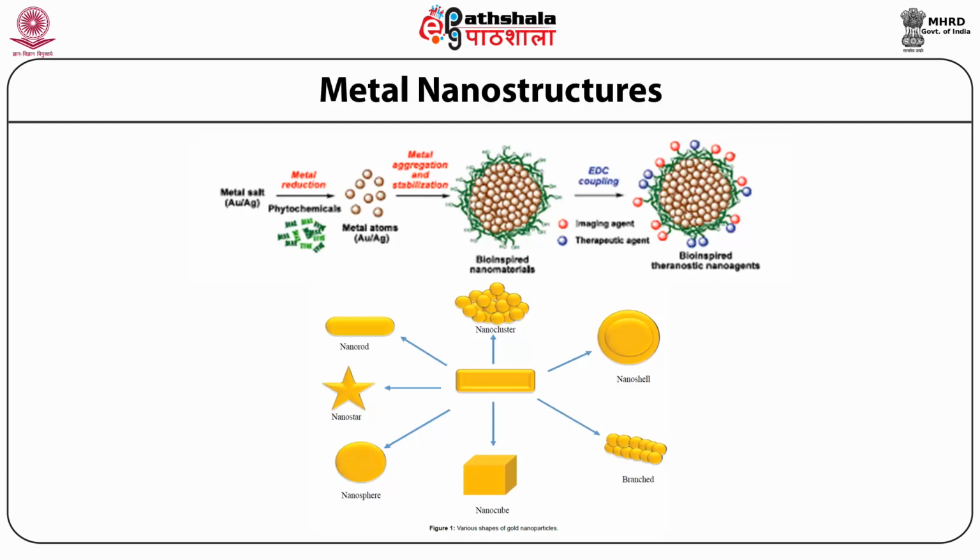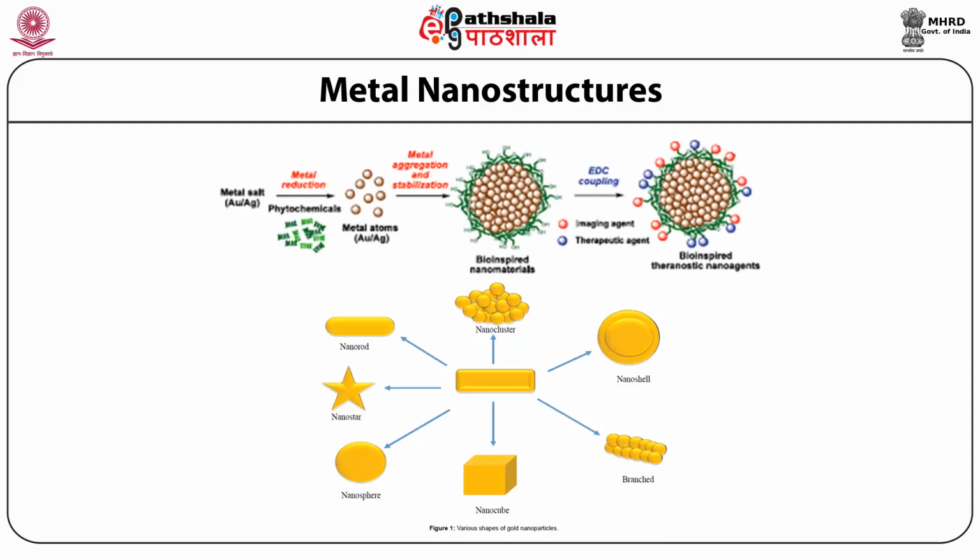Many of these metal nanostructures like gold nanoparticles, nanorods, or silver nanoparticles have a unique property called surface plasmon resonance. This is a unique optical property demonstrated by the pool of electrons in the metal. If you have a spherical nanoparticle, you get one very characteristic surface plasmon band.